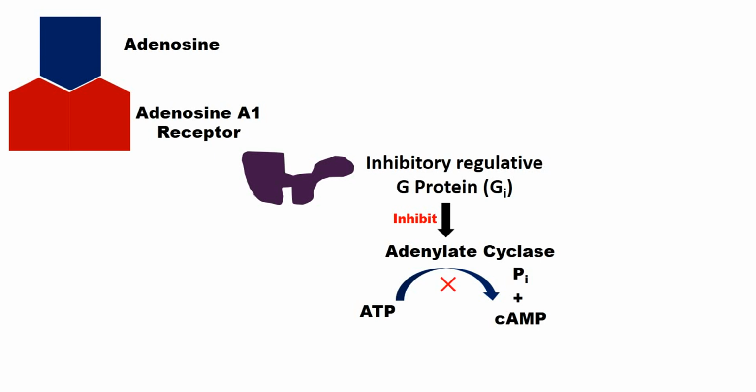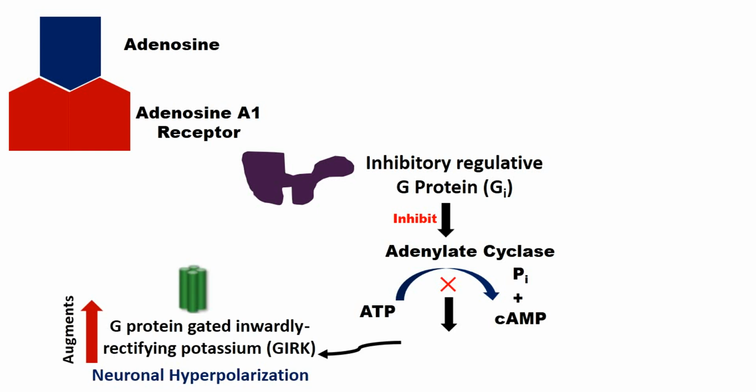Once adenylate cyclase gets inhibited, two important aspects happen. One, it augments the neuronal hyperpolarization. How does it augment?